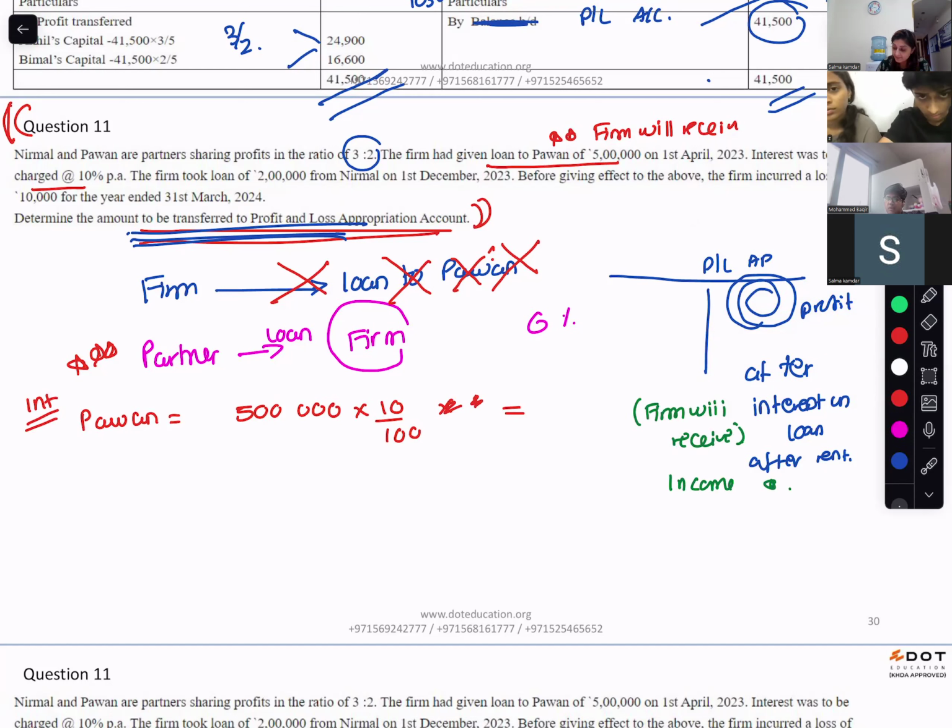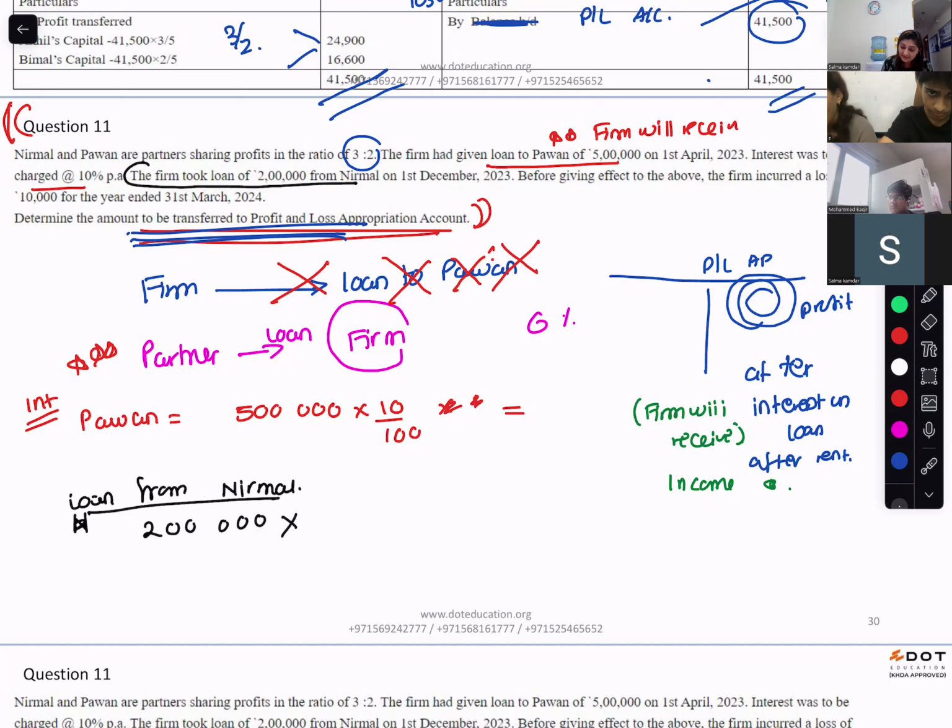Read the next part. The firm has taken a loan of 2 lakh from Nirmal. Now, this is our normal thing that we always focus on: firm taking a loan from a partner. So, from whom has the firm taken the loan? Nirmal. How much? 2 lakh.